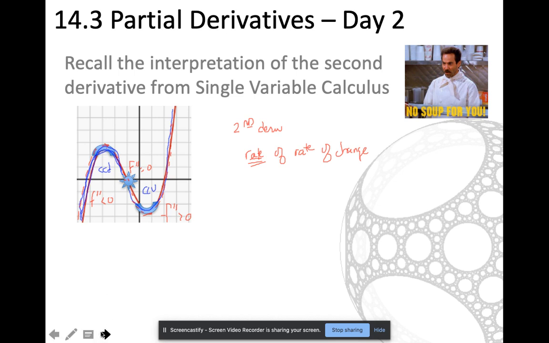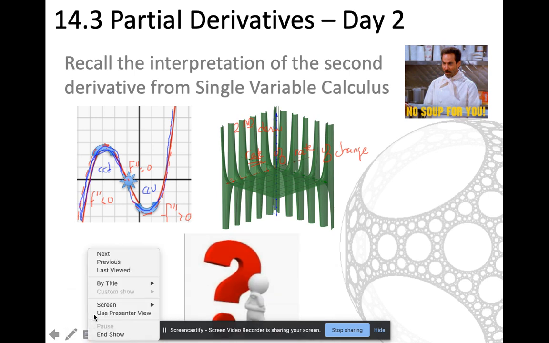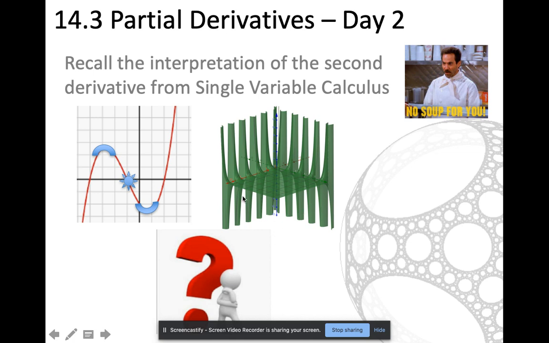So, what about partials? Look at that, right? What the heck? What is happening? Well, look at that cool looking graph. Can you see soup for yous and no soup for yous all over the place in this crazy three-dimensional swoopy splitey thing?